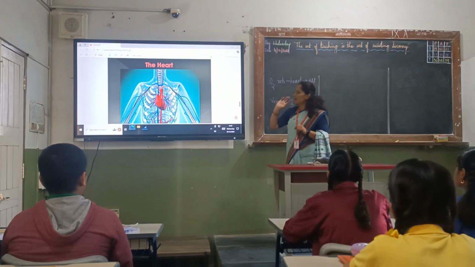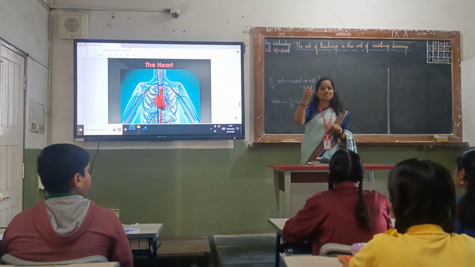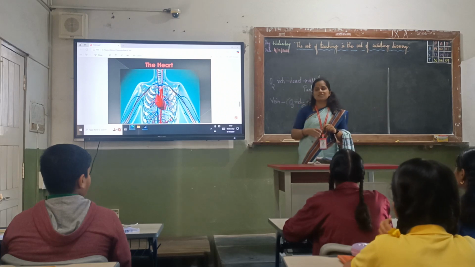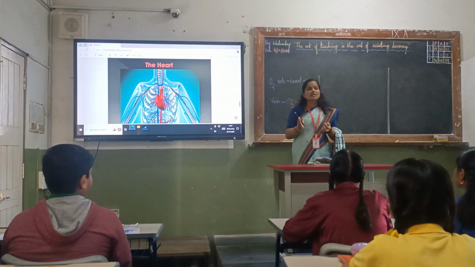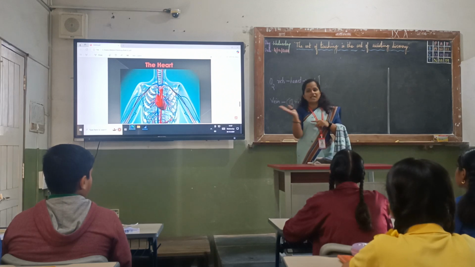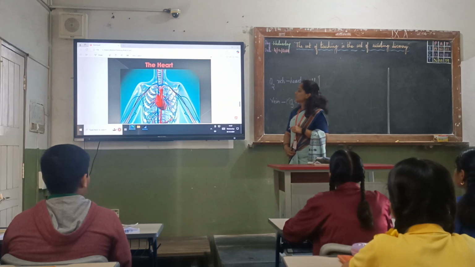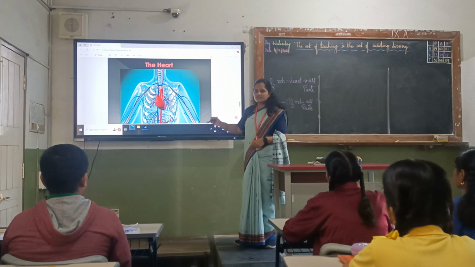Clear? So the heart is a fist-sized organ. The size of the heart is the size of one fist. Fist. And it is located in the chest cavity between the lungs, slightly towards the left lung. Then you can see here many tube-like structures.